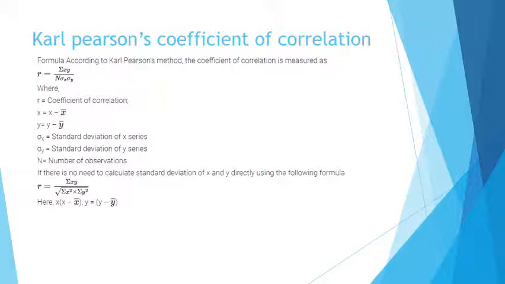This formula is applied only to those series where deviations are worked out from actual average of the series. It does not apply to those series where deviations are calculated on the basis of assumed mean.